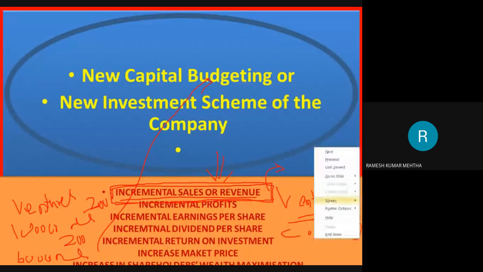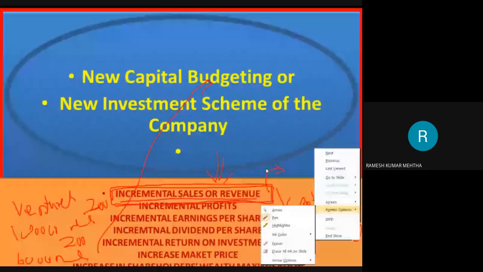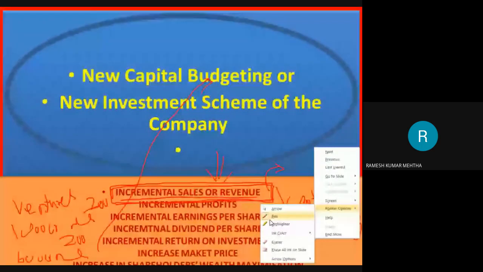Number one. Number two, because of this incremental sales, there is a probability that there is incremental profit. For example, last year it was 100 crores, and because of incremental sales, the profit will increase by 20 crores.